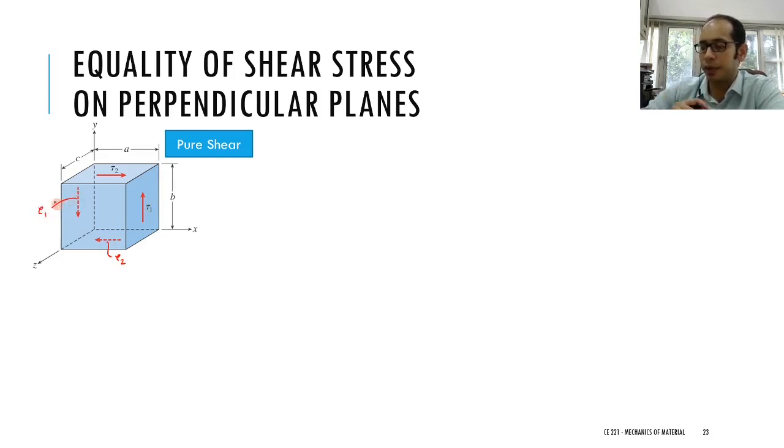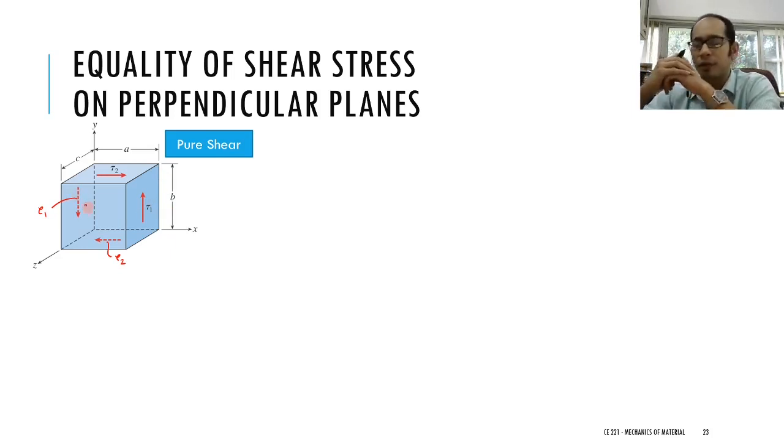You might be wondering why this tau 1 force comes into play. Well, it's quite simple. If we have tau 2 at the top and the bottom, these are equal forces separated by a particular distance. So it induces a couple, a moment. Two equal forces separated by a distance induce a couple, so you need a balancing couple. That is the reason these forces tau 1 and tau 1 originate.